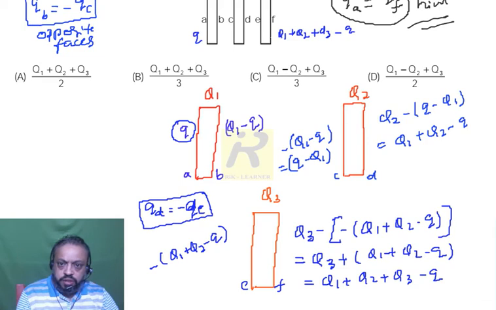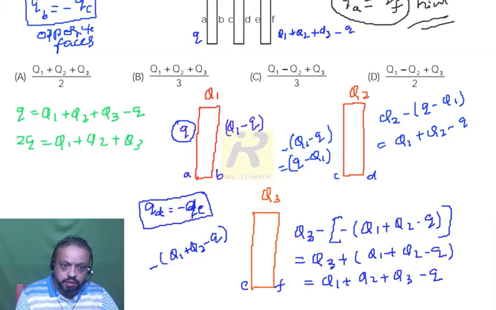These two charges are the same, so the algebraic sum must be 0. That is Q equals Q1 plus Q2 plus Q3 minus Q. When I bring this minus Q to this side, it becomes 2Q equals Q1 plus Q2 plus Q3. So finally Q equals Q1 plus Q2 plus Q3 whole divided by 2.